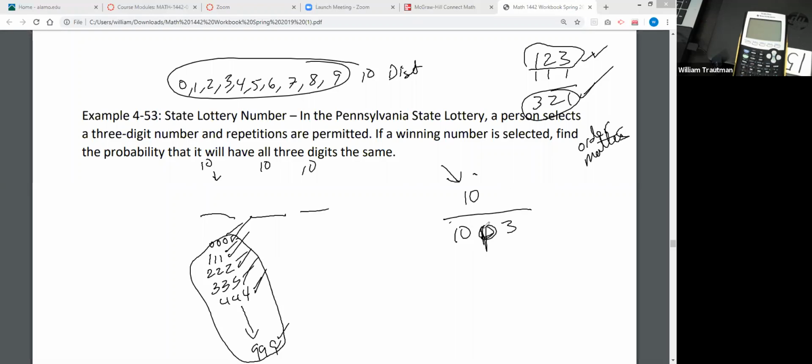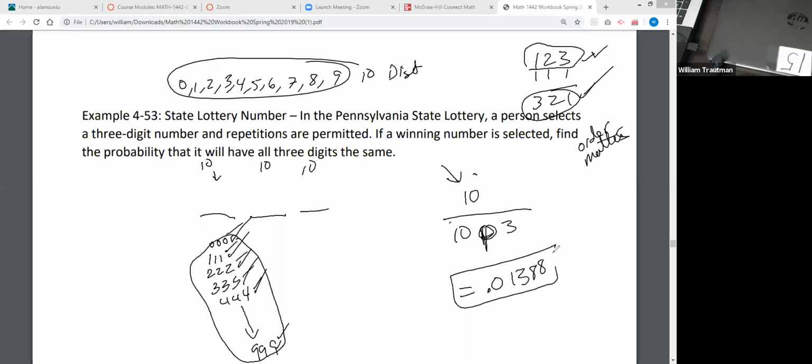So in this one, we just write 10 divided by 10, math, probability, P is number 2, 3, and the probability is 0.01388. From my calculator.